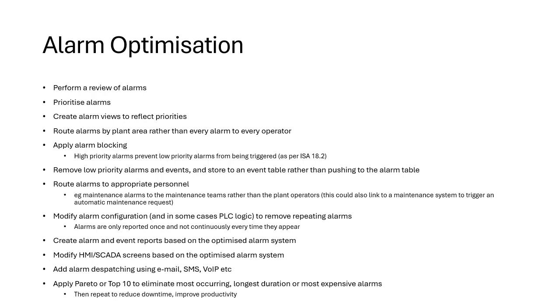So what you can do is create alarm views that reflect the priorities of your machine or process. There may be particular areas which are more critical than others. There may be particular types of alarms that you need to have more focus on. So you can create your alarm views for that reason. You can then route alarms by plant area or by process area.